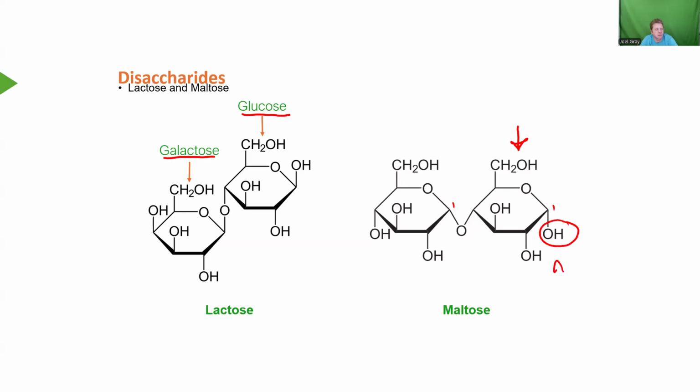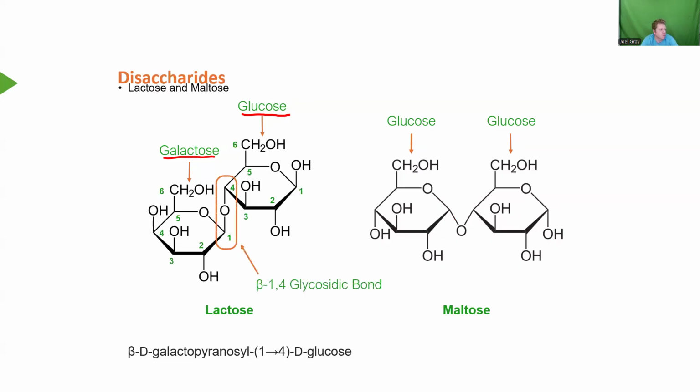That means that this right here is an alpha sugar. Let's look at our other carbon number 1. Well, it's no longer an OH group, but that oxygen is pointing down, meaning this is also an alpha carbon or an alpha sugar. Now, this is maltose, which is a disaccharide of two glucose molecules.